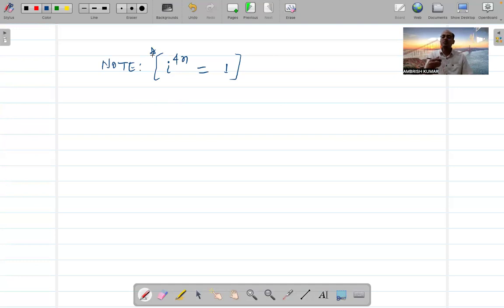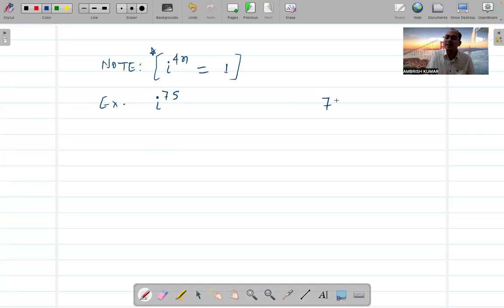Now the question is, what will happen if we have some power on i which is not a multiple of 4? So here try to understand how we are going to deal with such situations. So for example, let us say we are taking the value of i to the power 75. So look, here the power exponent of i is 75. So always how we have to deal that?